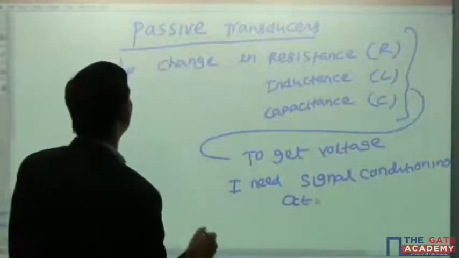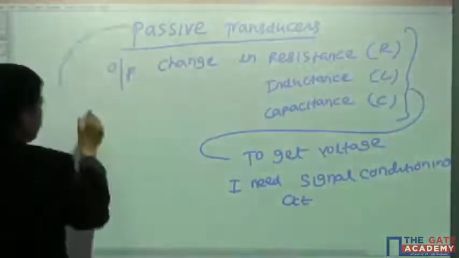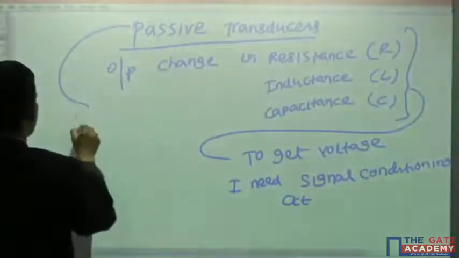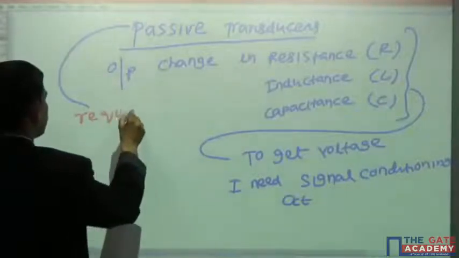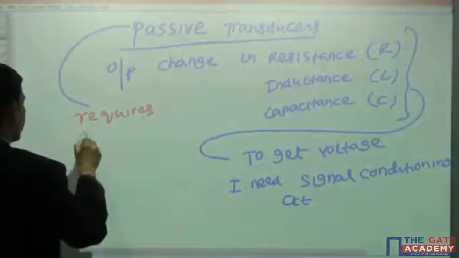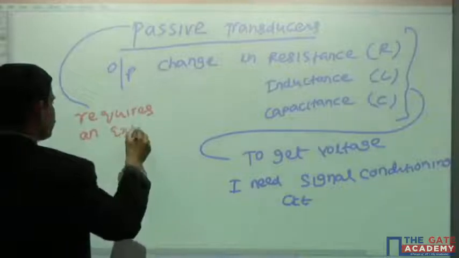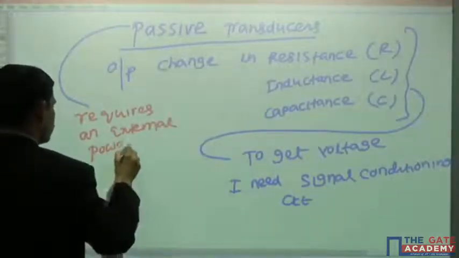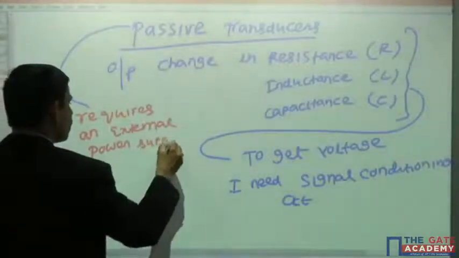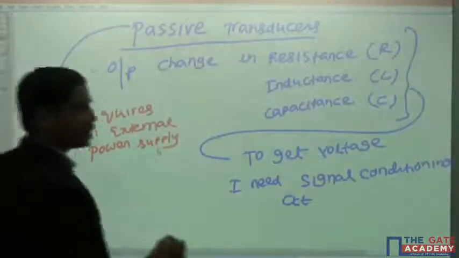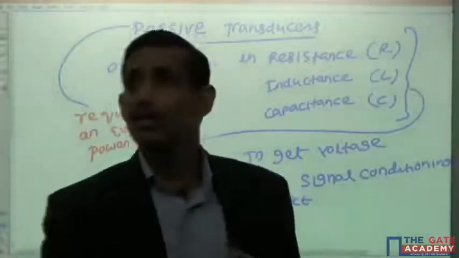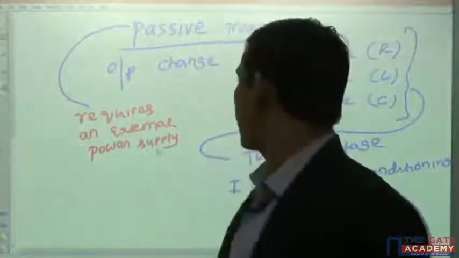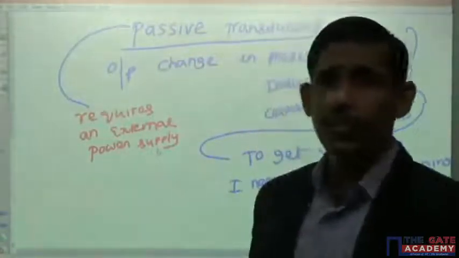That means passive transducers require an external power supply. These are very, very important. For passive transducers, we require an external power supply. For an active transducer, we do not require any external power supply.